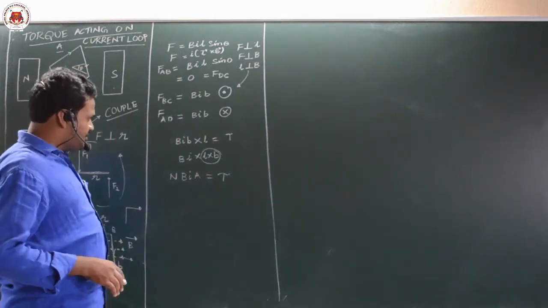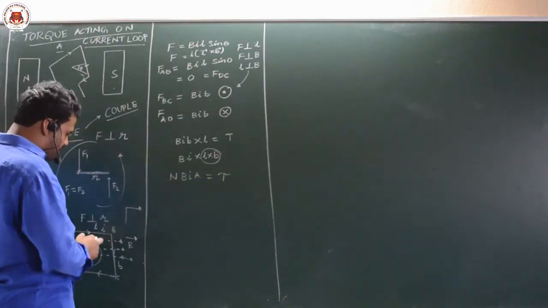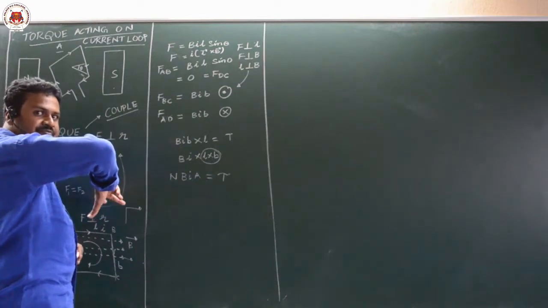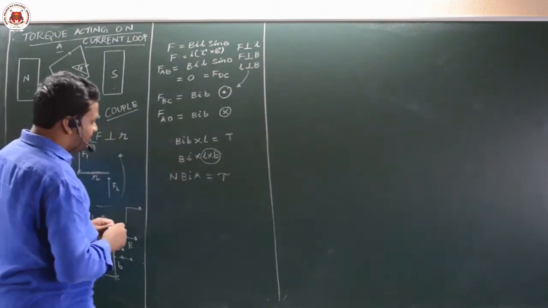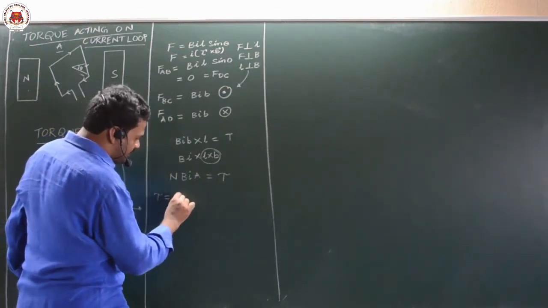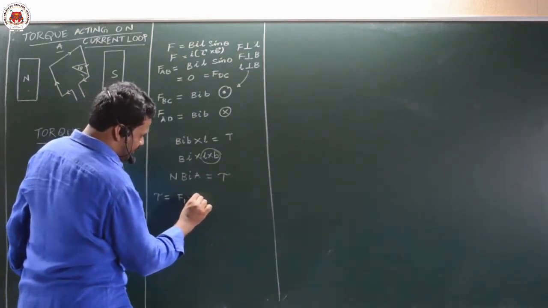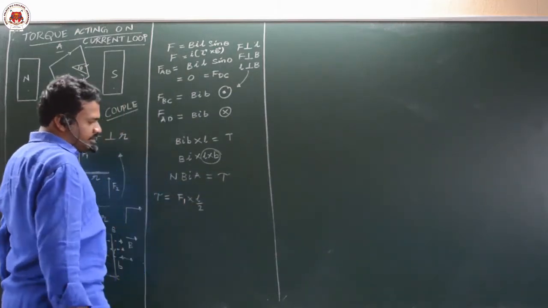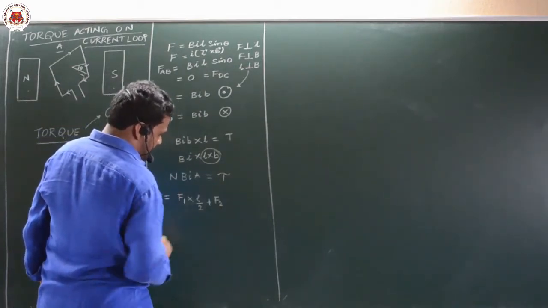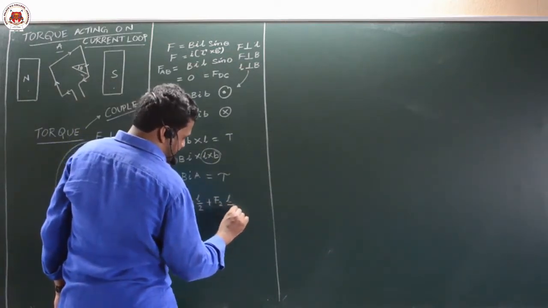But in your textbook, what has he taken? He has taken the first torque with arm L by 2. Both are in the same direction. According to your textbook, torque is equal to F1 into L by 2, there you took it as A, plus F2 into L by 2.